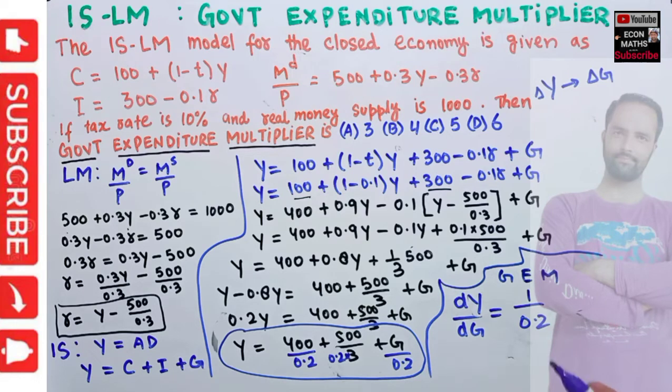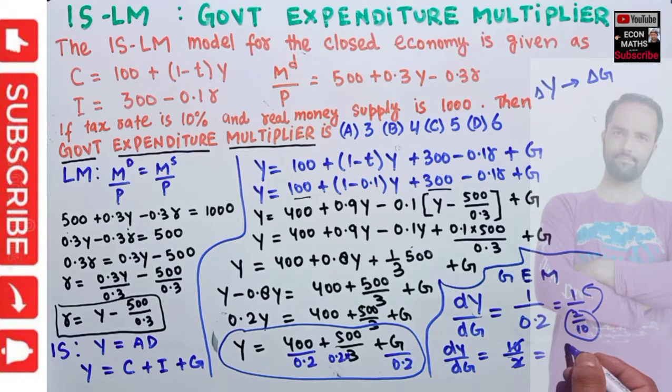And 1 upon 0.2 is simply equal to 1 upon 2 upon 10, which gives us dy upon dg is equal to 10 upon 2, which comes out to be 5. So we got the government expenditure multiplier is 5.